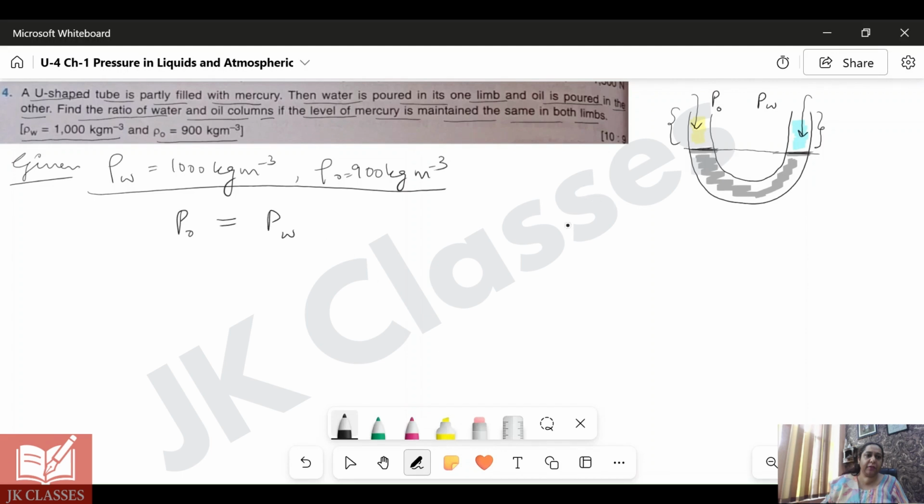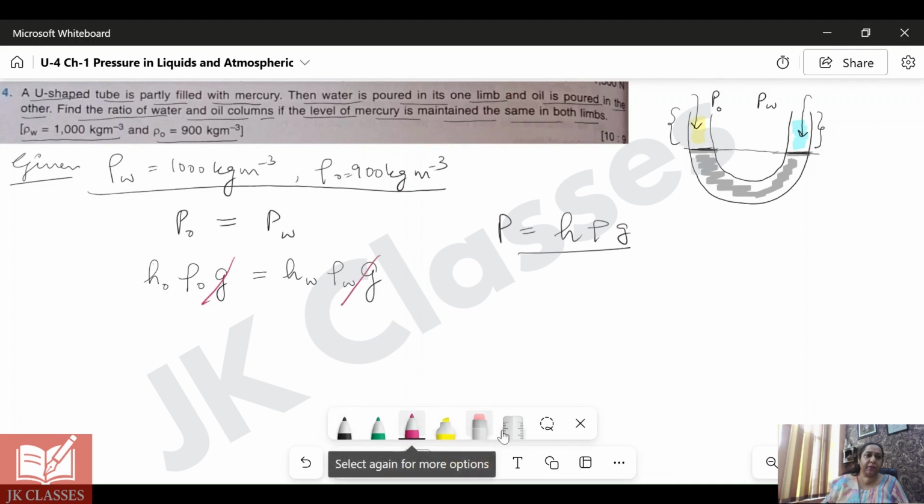As per formula, pressure is equal to H rho G. We get height of oil column multiplied by density of oil multiplied by acceleration due to gravity, that is G, which is equal to pressure by water column, which can be written as height of water column multiplied by density of water into G. G gets cancelled from both the sides.